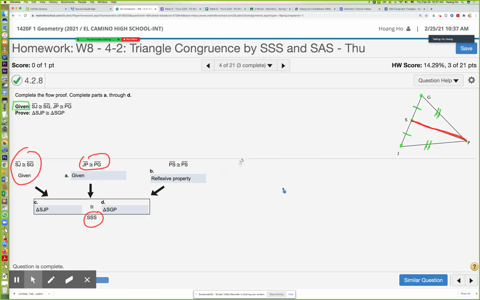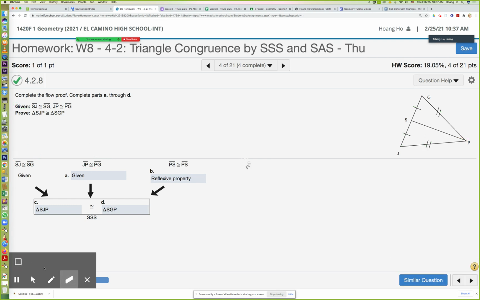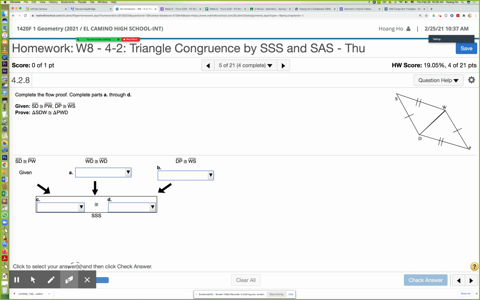So question number 5, very similar. SD congruent to PW is given right here. WD congruent to WD. Is that a common side right there?